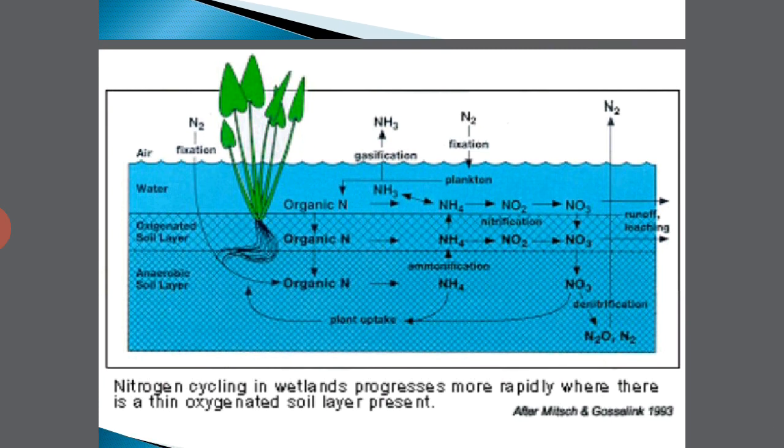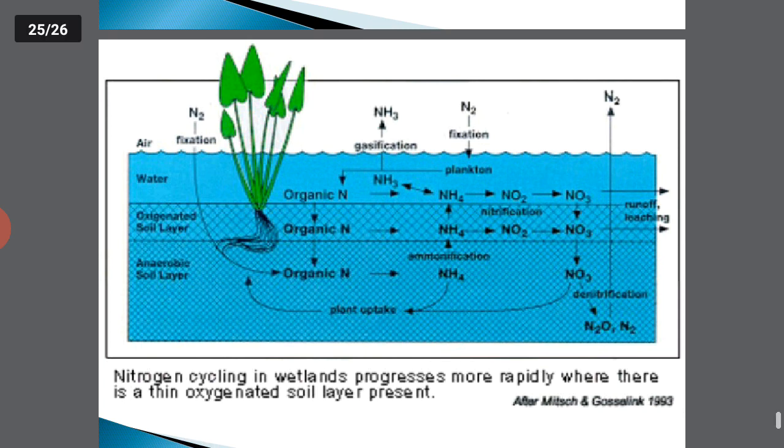Nitrogen cycling in wetlands progresses more rapidly than in the thin oxygenated soil layer present in it. There you can see organic nitrogen, air fixation, gasification, fixation again, the oxygenated soil layer, nitrification, denitrification. All the processes are shown in this particular diagram.